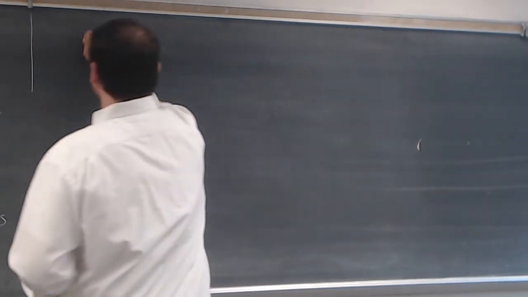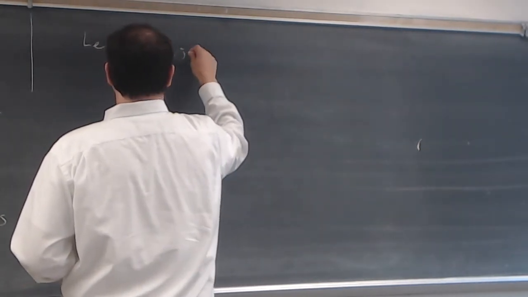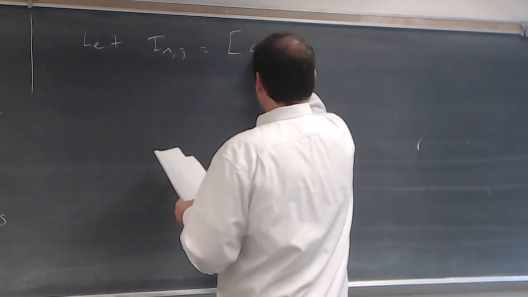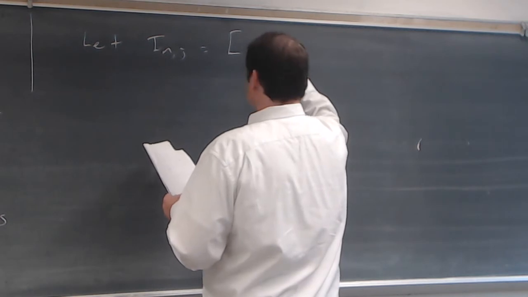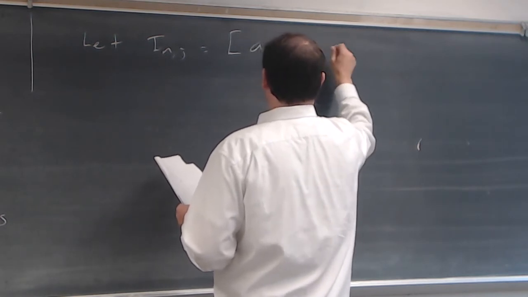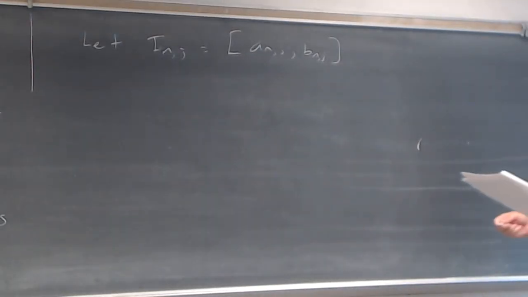Okay, so what we're going to do is let I sub n,j be equal to just the interval in R that is a sub n,j up to b sub n,j. So that's an interval in R1. And we're going to do that.